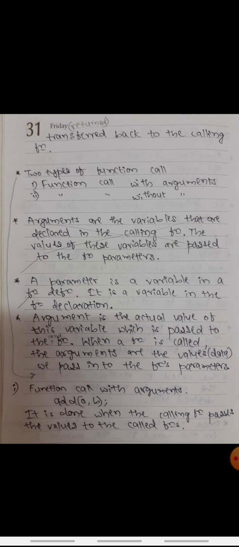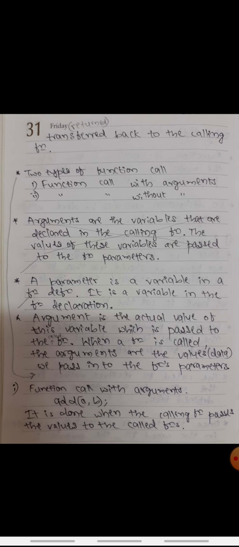A parameter is a variable in a function definition. A parameter is nothing but a variable in the function definition, or in the function declaration. An argument is the actual value of this variable or parameter which is passed to the called function.